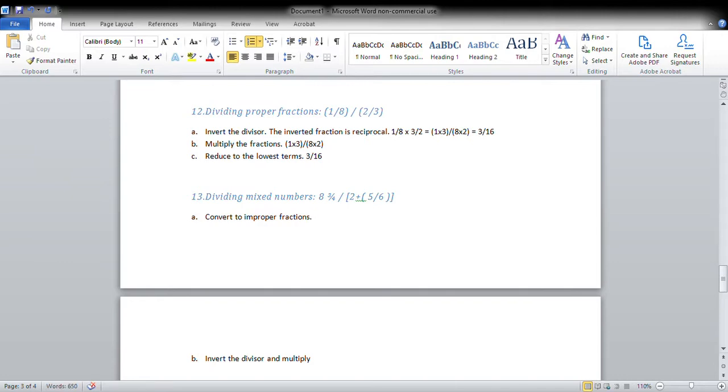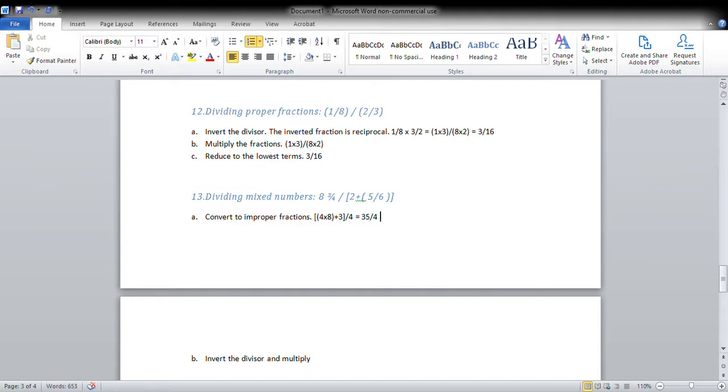So we remember how to do this. We say that 4 times 8 plus 3 over 4 equals 4 times 8 is 32, plus 3 is 35 over 4.